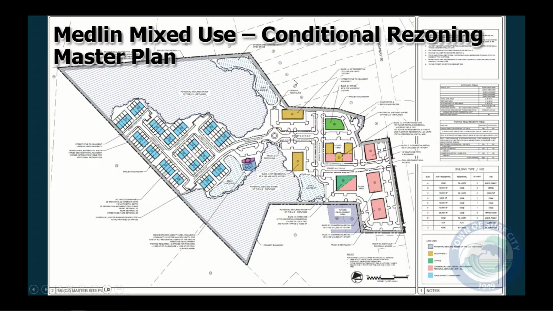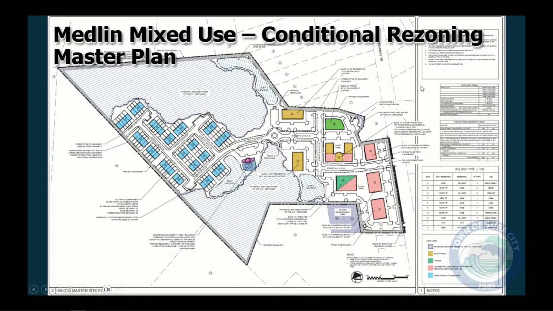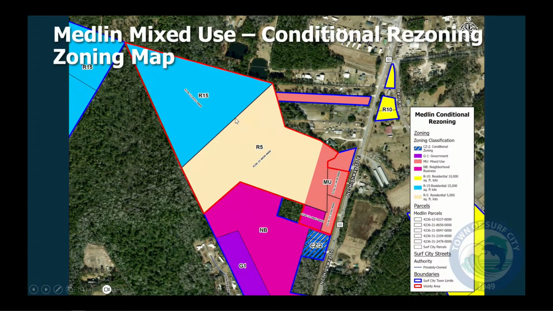It will have a combination of multifamily buildings, mixed-use buildings that could have office at the bottom and residential above, with a townhome development to the rear of the site. And in this case, in the orientation of the master plan, your residential will be in that area currently zoned R15 and R5.